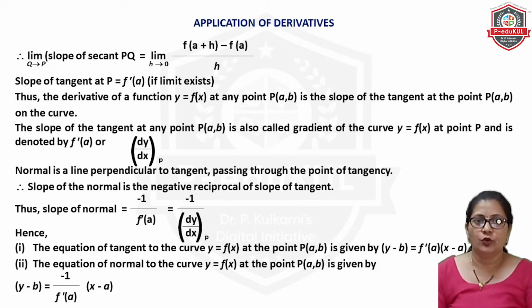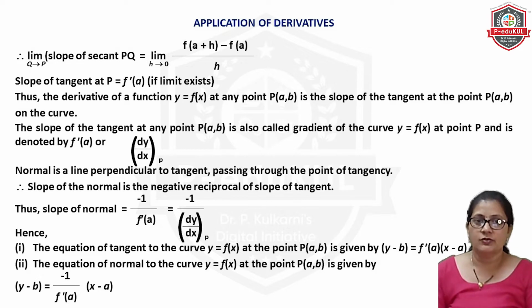And therefore the slope of the normal will be minus 1 upon f dash a. That is the reciprocal. See here, the slope of the normal is the negative reciprocal of the slope of tangent. Once again I repeat, slope of normal is the negative reciprocal of slope of tangent. Slope of tangent is dy by dx and its negative reciprocal is the slope of normal.